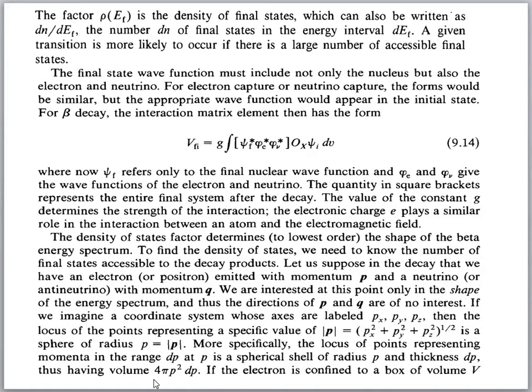The volume for momentum between p and p plus dp is given by 4 pi p squared dp.